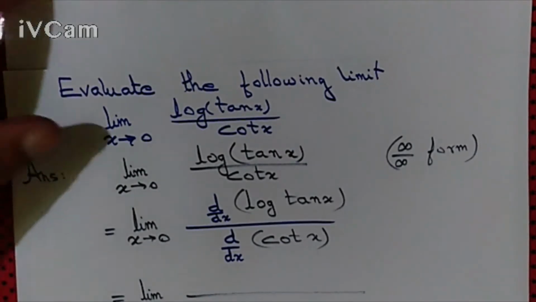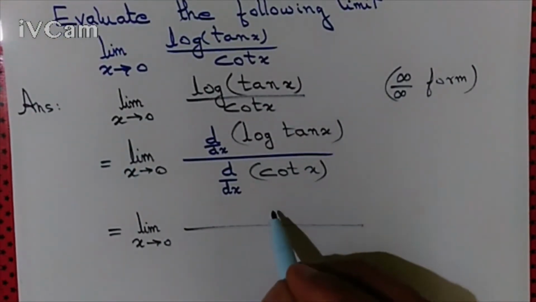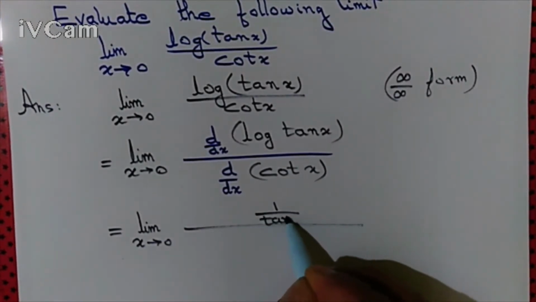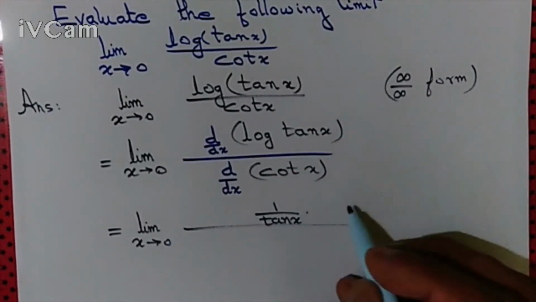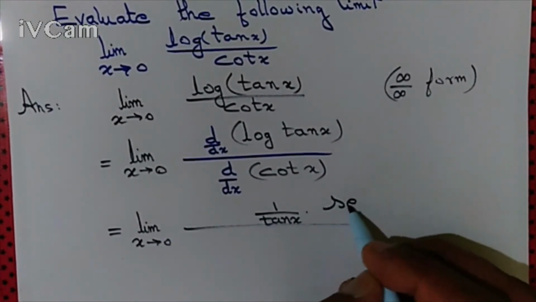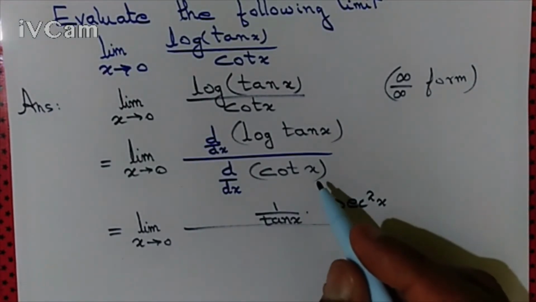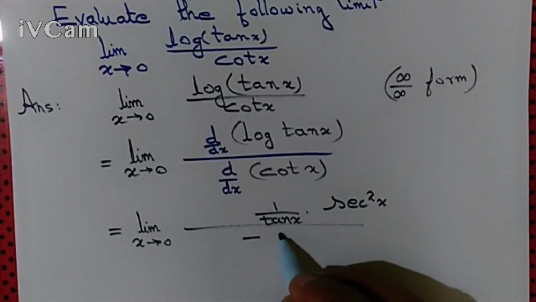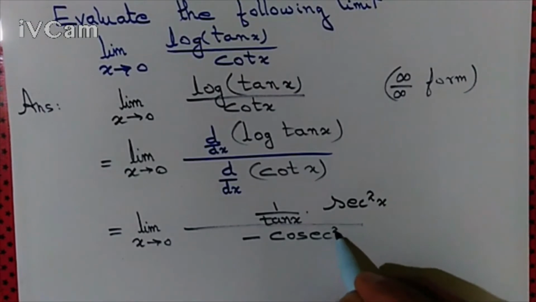If we differentiate log of tan x, we'll get 1 by tan x, and then the derivative of tan x is sec square x. If you differentiate cot x, then you will get minus cosec square x.